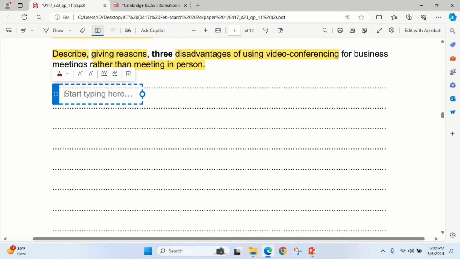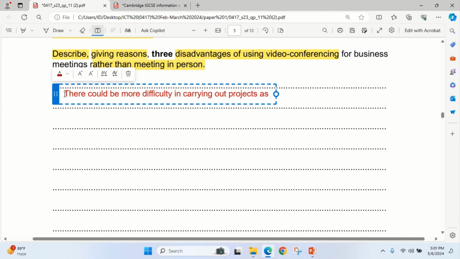So you can start by saying difficulty in carrying out project, as that's the reason.